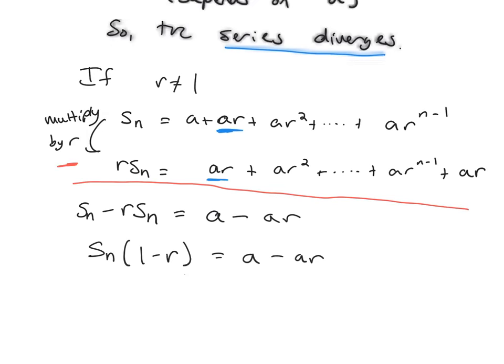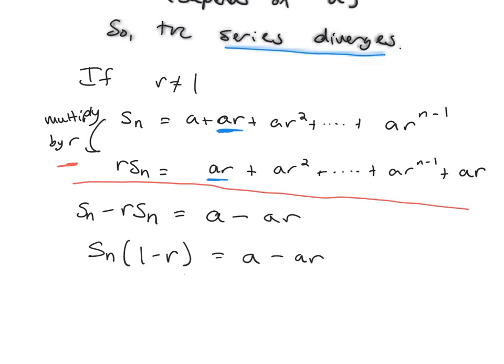What would you do if you wanted to solve for S sub n? Divide. Dividing is kind of a tricky process. There's one number we can't divide by. What's that one number? 0. So here's why it's important that we said r can't be 1. Since r is not 1, 1 minus r is not 0.